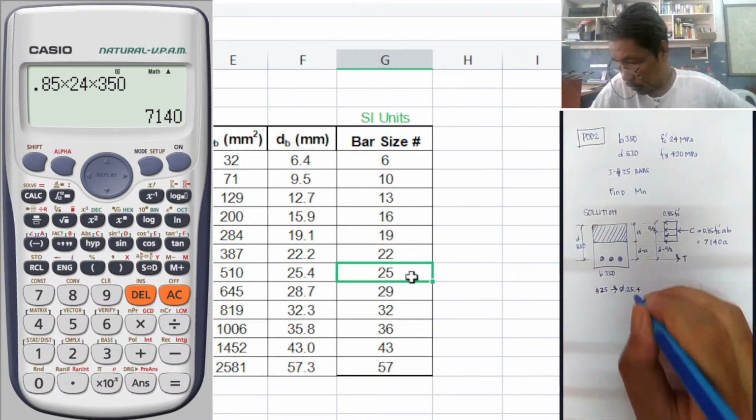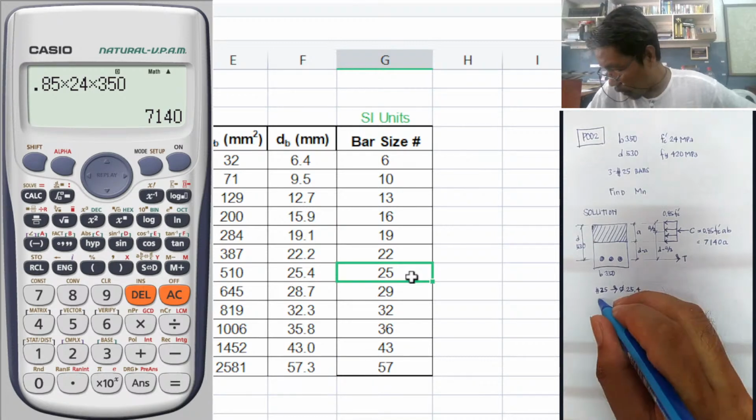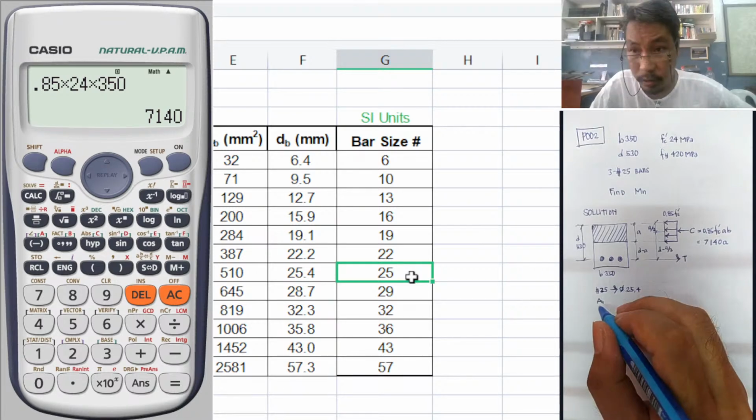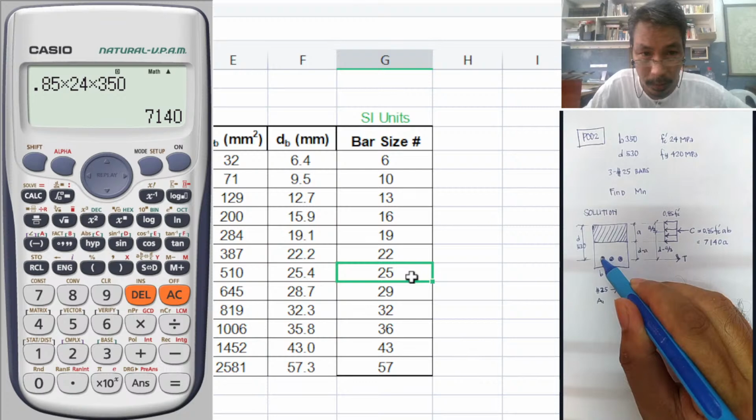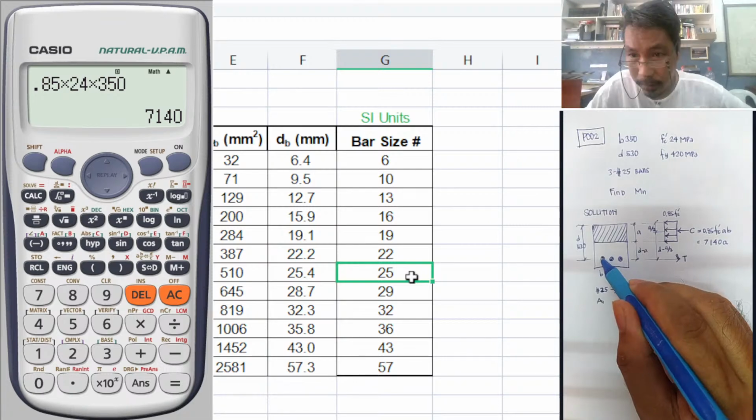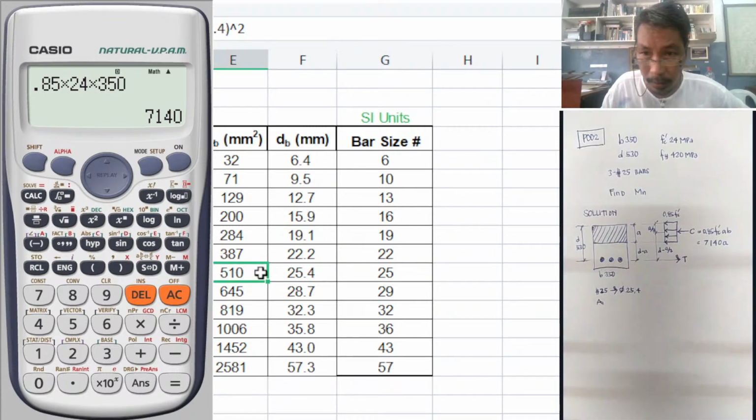You can compute the cross-sectional area of 1 bar. According to the code, that is 510.